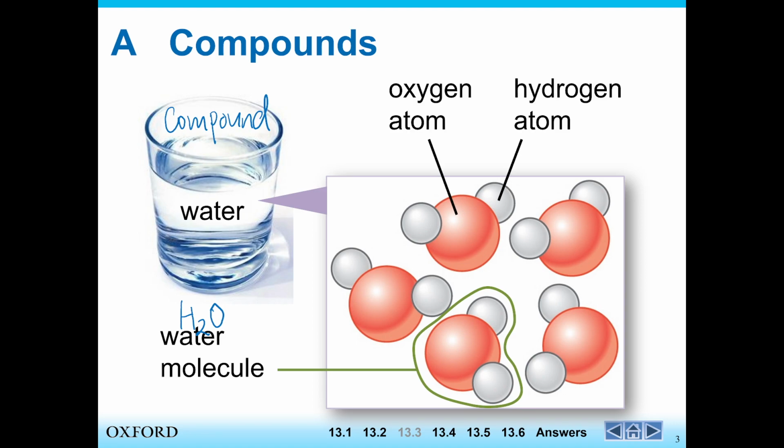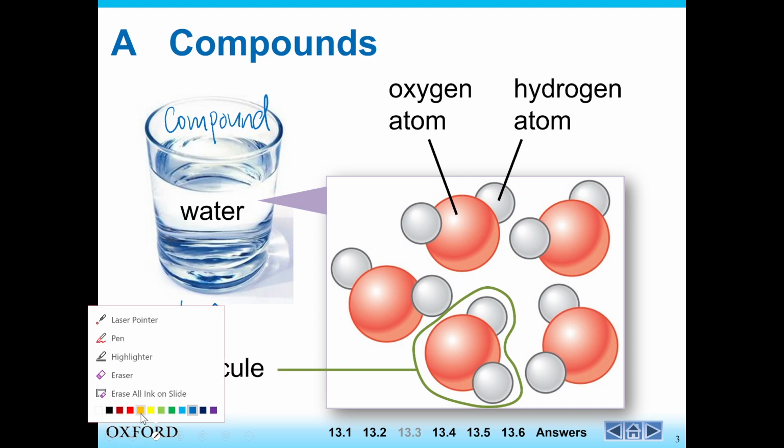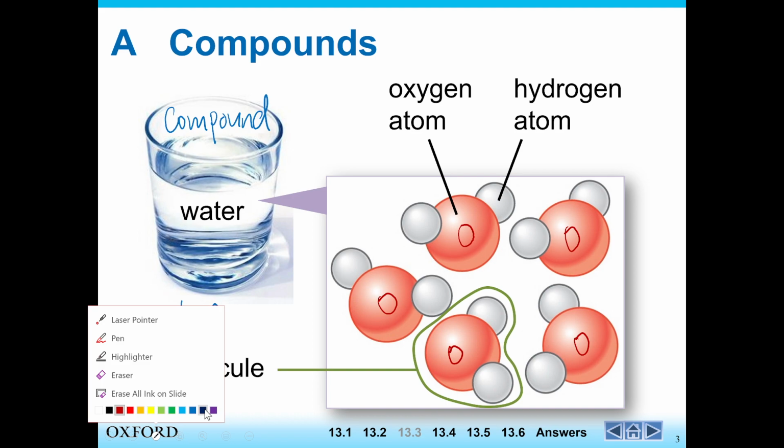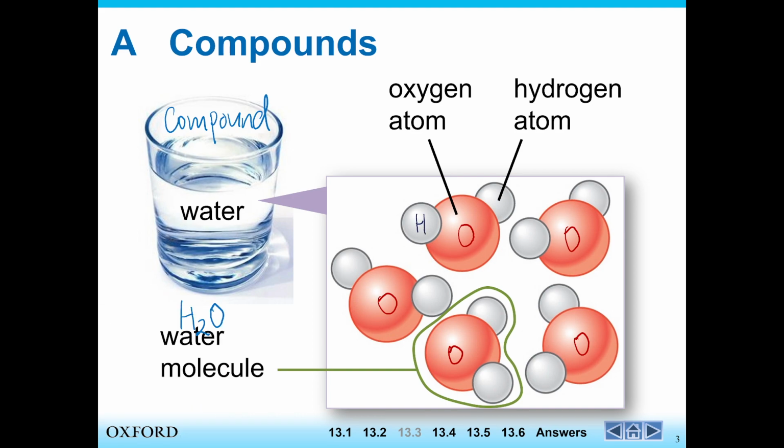Each of these water molecules consists of one oxygen atom. This is the oxygen atom, I'll put an O for that. These reddish, pinkish, or orangish color, that's oxygen, and it has 2 hydrogen atoms, which are these silvery or grayish color.